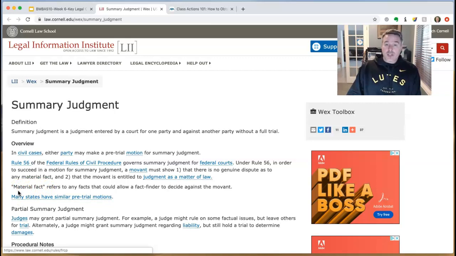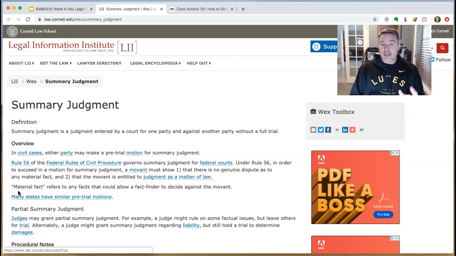The trial court's job is the finder of fact. That's what happens at a trial. Both sides present their evidence, and where the evidence conflicts, it's the purpose of the trial court to decide what the evidence is. And so if that's not necessary, if the evidence is so obvious that we don't need the trial to determine the facts, then we can have a summary judgment.